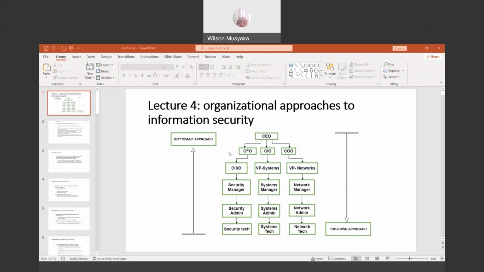And we said that in the bottom-up approach, the people who are implementing it or dealing with it are people who have the skill and the expertise to handle those intricate security concerns. Some of the concerns are going to be technical, such as hacking or unauthorized access and whatever kind of issue that is happening within the organization.